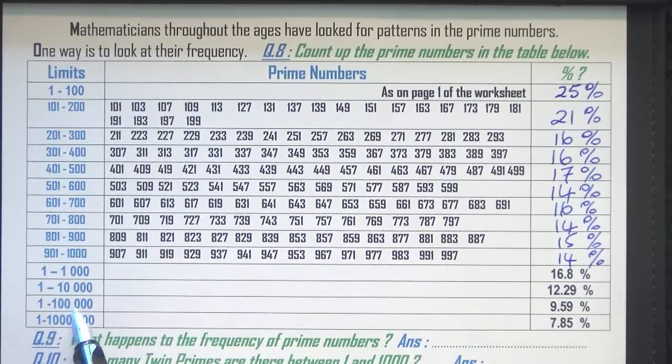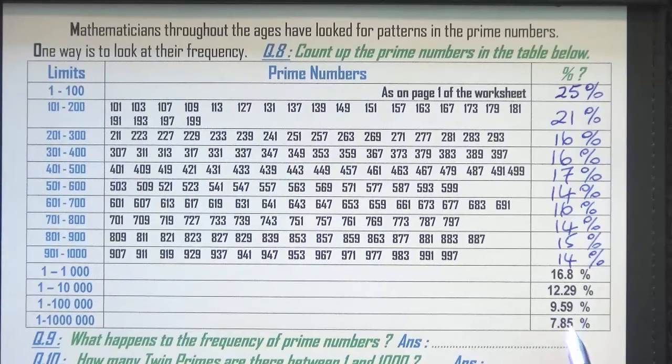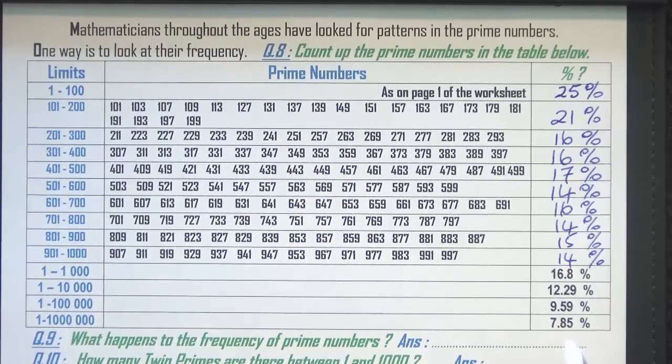And between 1 and 100,000 only 9.59%. And between 1 and 1 million, 7.85. So the answer is they are thinning out. The primes are thinning out as the numbers get larger.